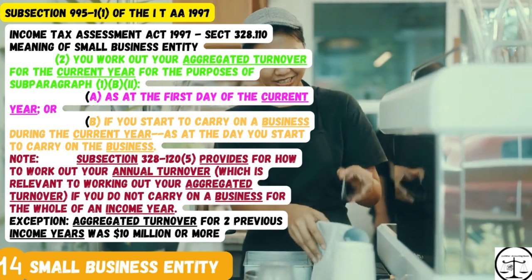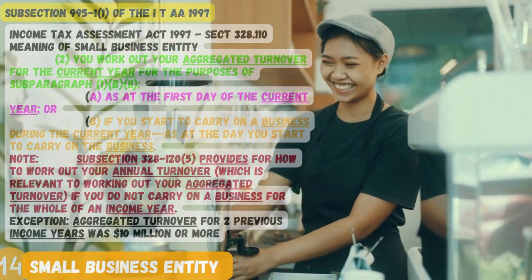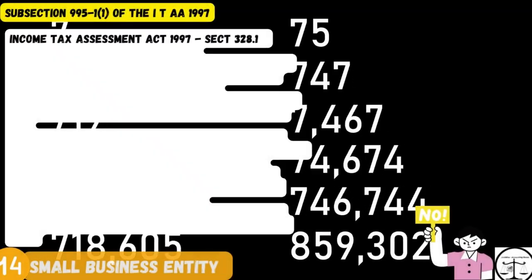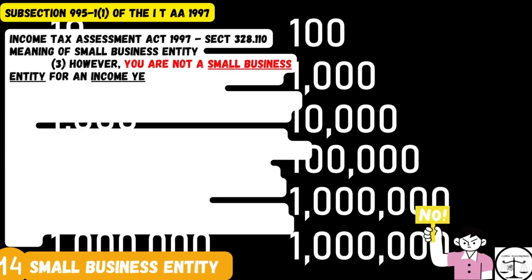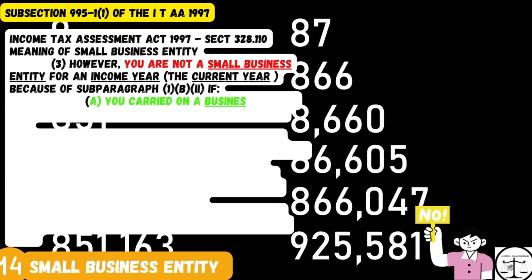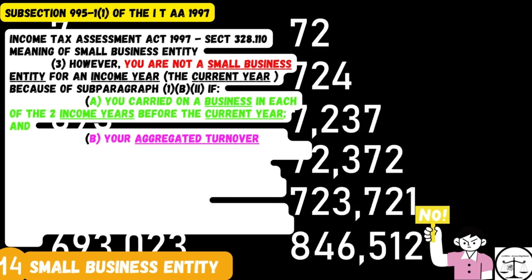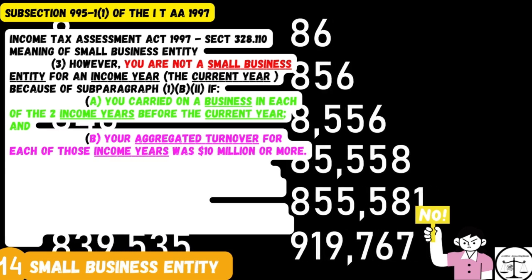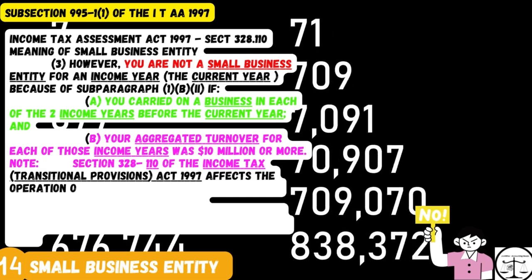Exception. Aggregated turnover for 2 previous income years was $10 million or more. 3. However, you are not a small business entity for an income year, the current year, because of subparagraph 1(b)(2) if A. You carried on a business in each of the 2 income years before the current year, and B. Your aggregated turnover for each of those income years was $10 million or more.